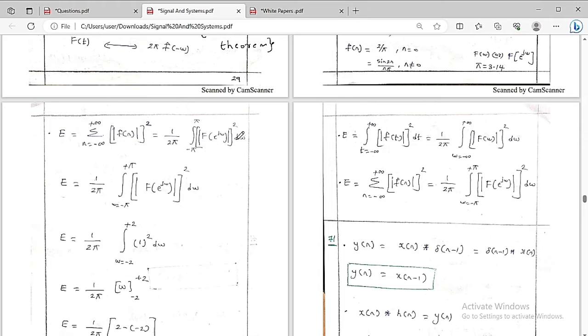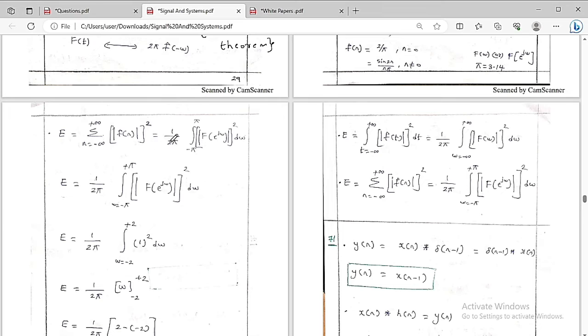As I've already told you so many times, you have to remember this expression of the energy in the discrete time case. Some books take f of omega and some books take f of e to the power of j omega. Anyhow, the concept is same.